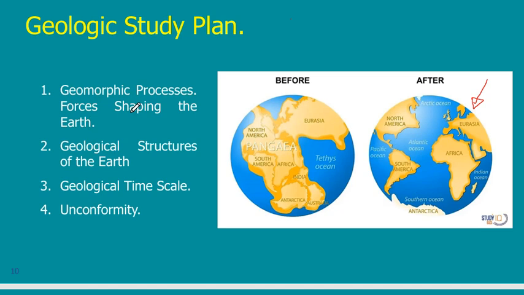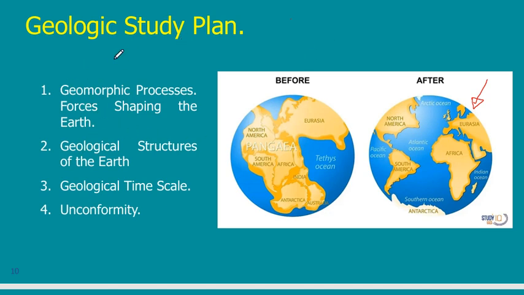So the shaping of the Earth itself went through different stages. So there is something called geomorphic process. Geomorphic, geo is earth, morphic is the morphology, it is the surface. So geomorphic mean the processes that shaped the surface of the earth.